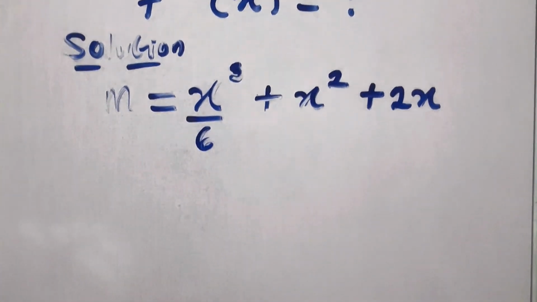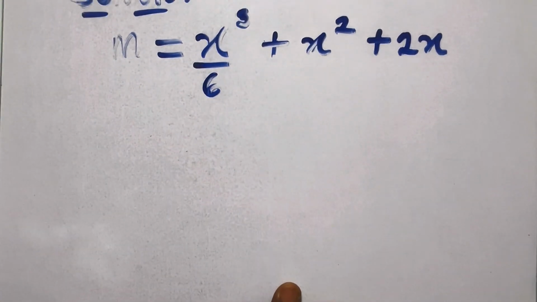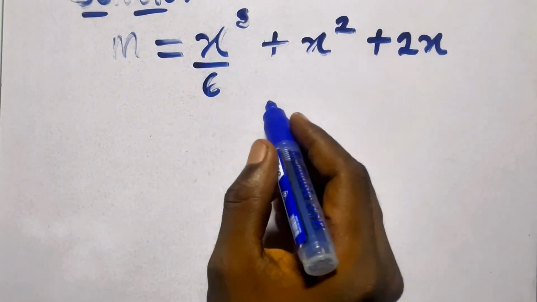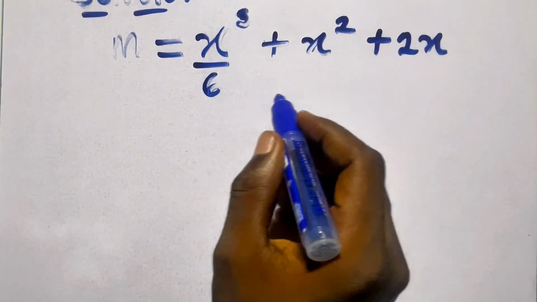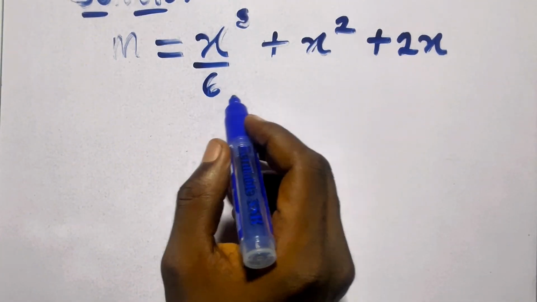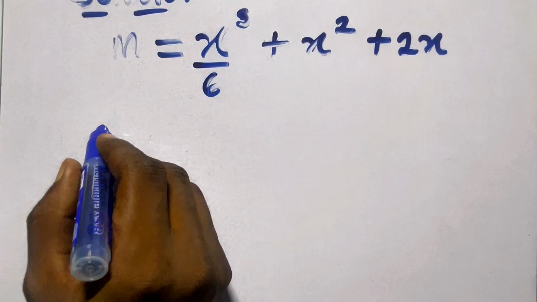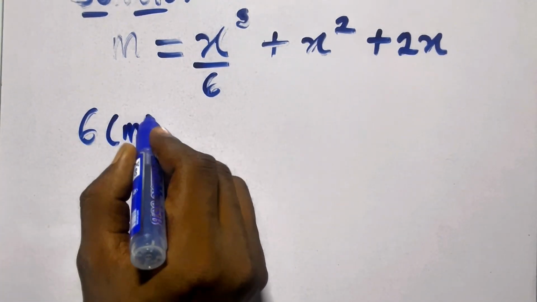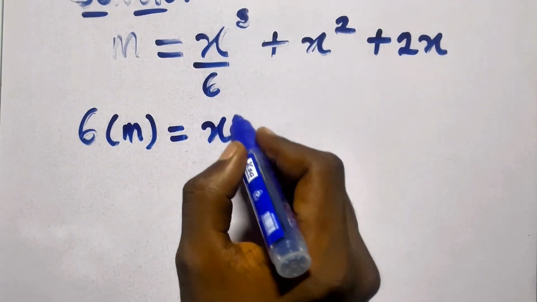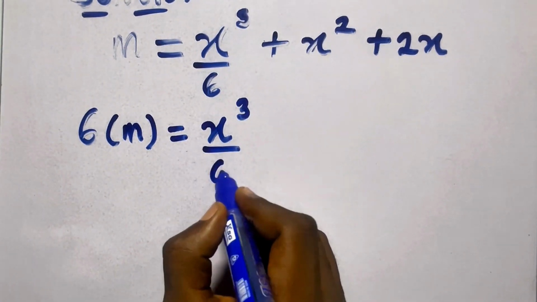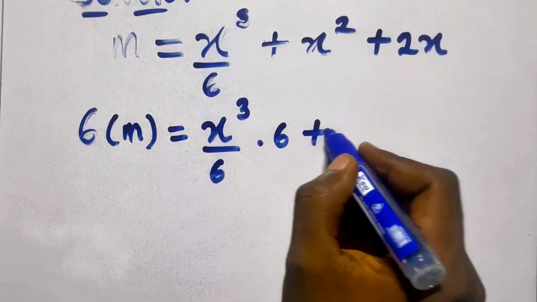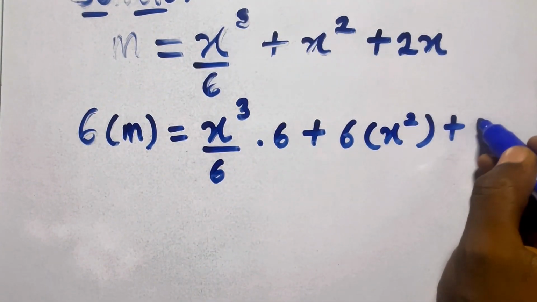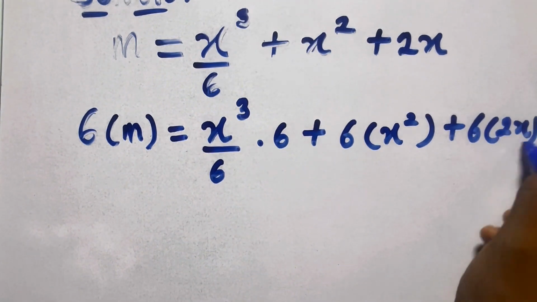Alright. Now, so from here, to make it linear, we have to multiply it throughout by 6, which is the LCM. So if you multiply it by 6, we are going to have 6 multiplied by m, then x raised to the power 3 divided by 6 multiplied by 6, plus 6 multiplied by x squared, plus 6 multiplied by 2x.